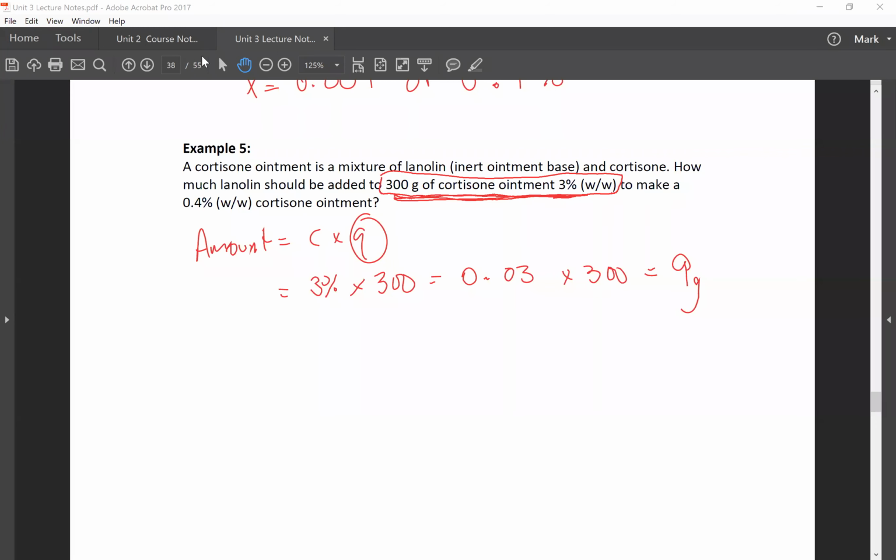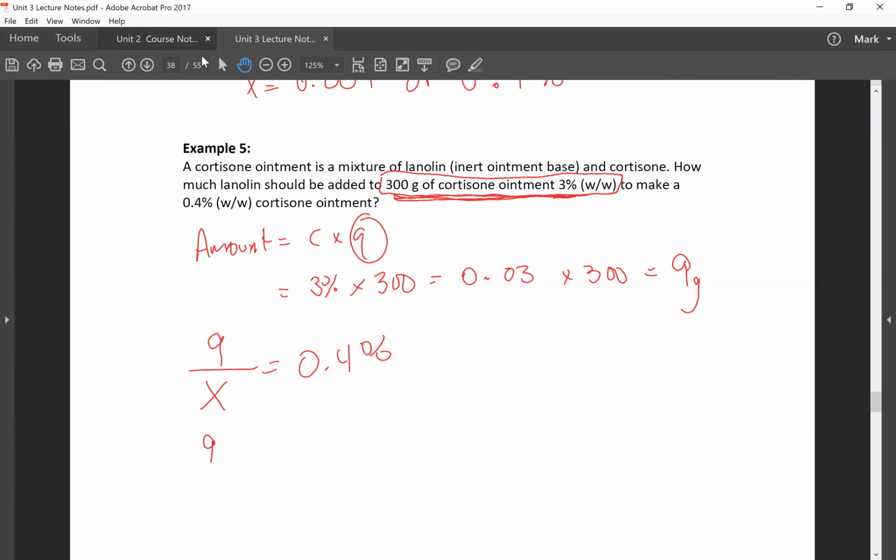So what I'm trying to do is make a 0.4% cortisone ointment. I'm taking 9 grams of the cortisone and I'm trying to figure out how much lanolin I will need to add to create a 0.4% solution.